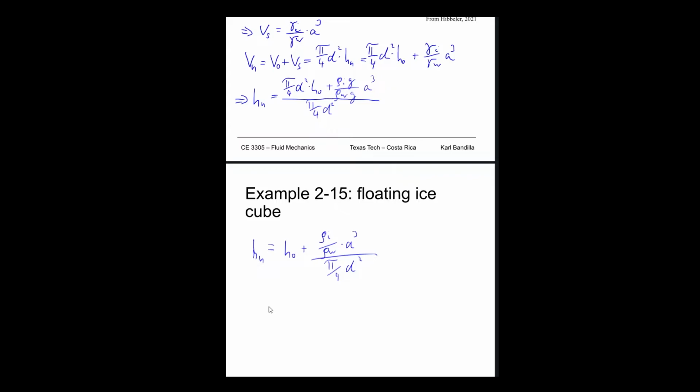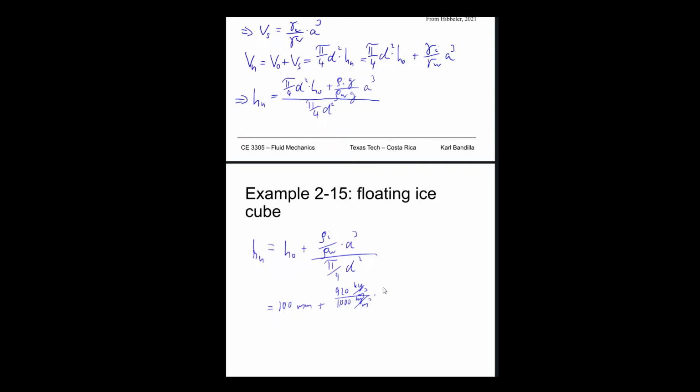Now we can plug in all the values. 100 millimeters was the original water depth. And then the ice was 920 kilograms per cubic meter. Water is 1,000 kilograms per cubic meter.